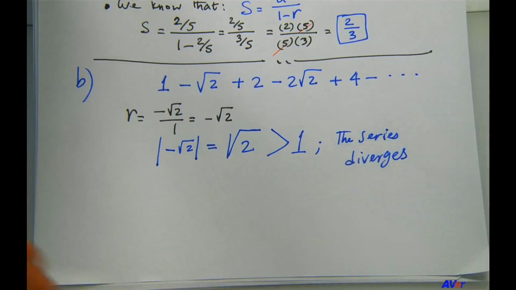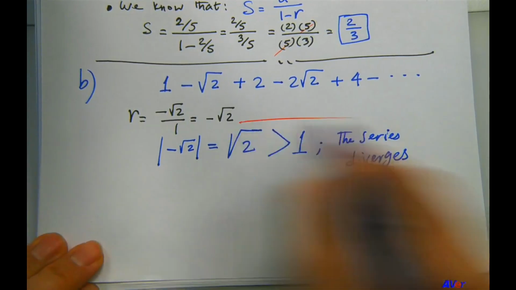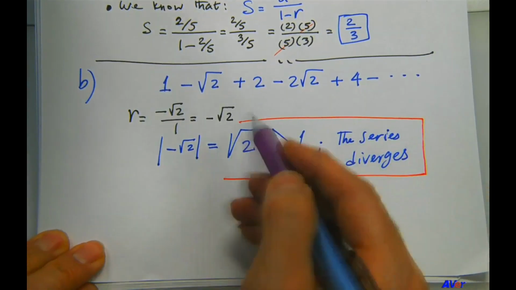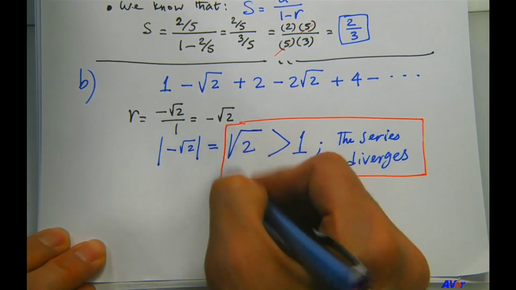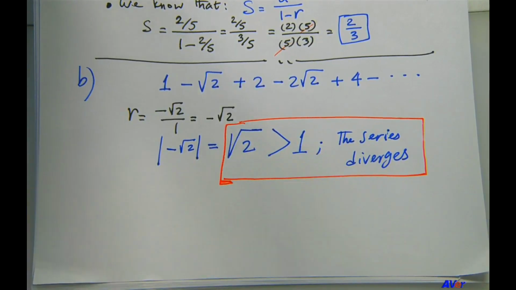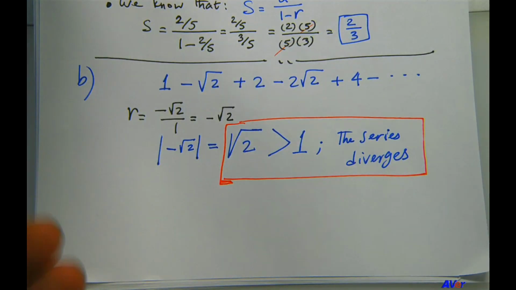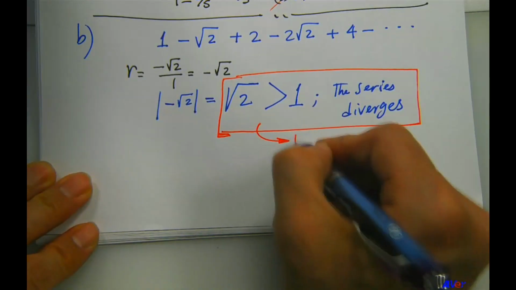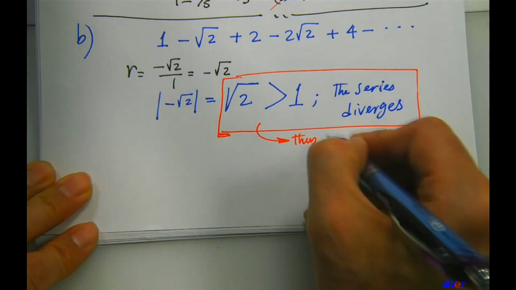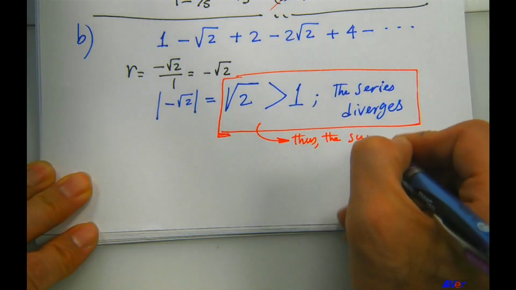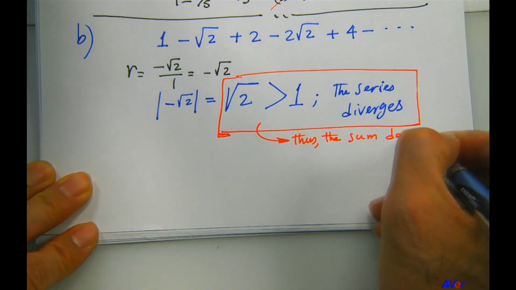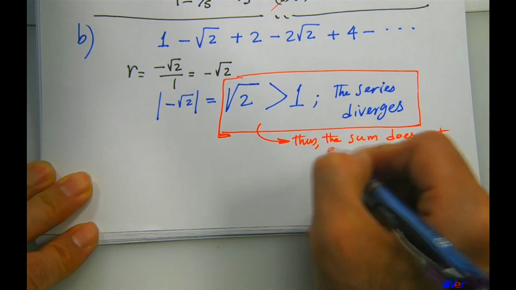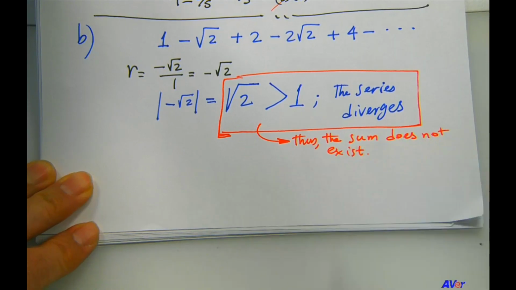That's the first thing they asked us to establish. The series diverges, therefore the sum does not exist. Thus, the sum does not exist. Okay.